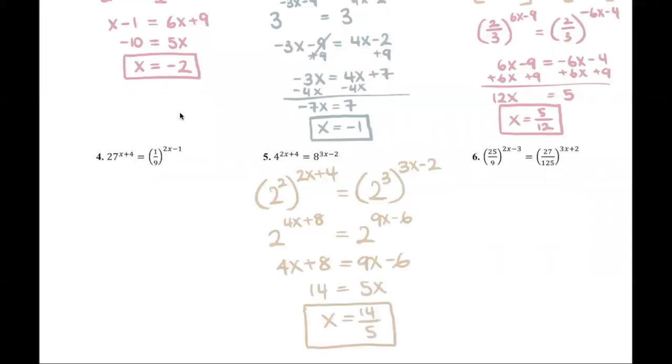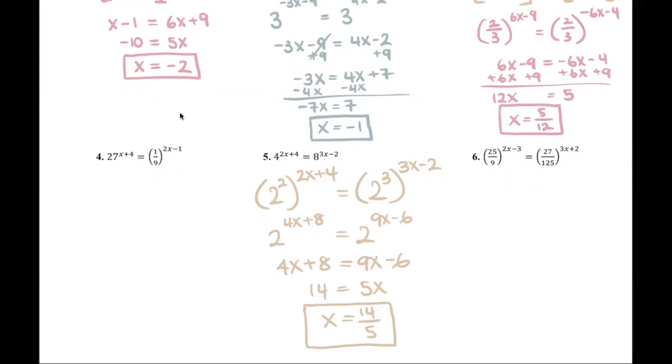All right, guys, let me go ahead and show you number 5 if you are ready. Here's the answer and work. Ta-da. So number 5, the answer was 14 over 5. Great job to those of you who got it. Those of you who got number 6, kudos on that.